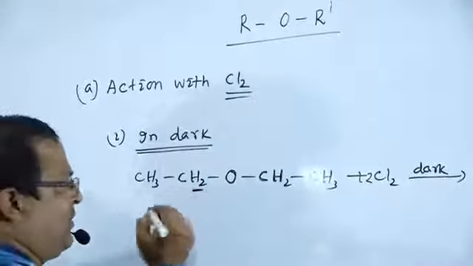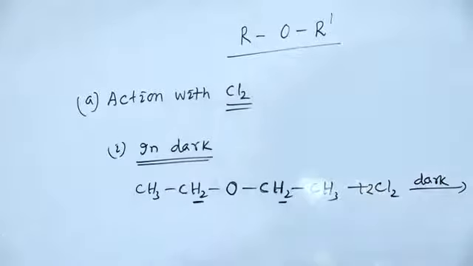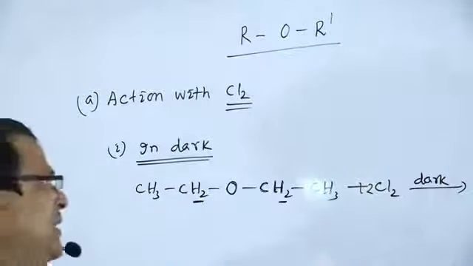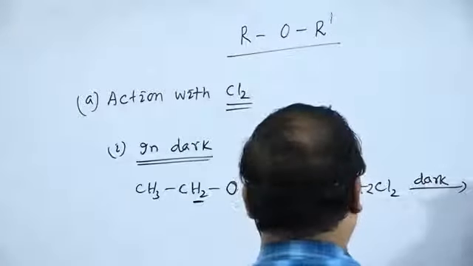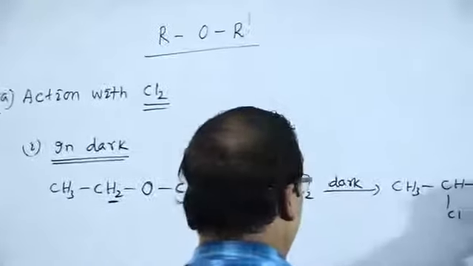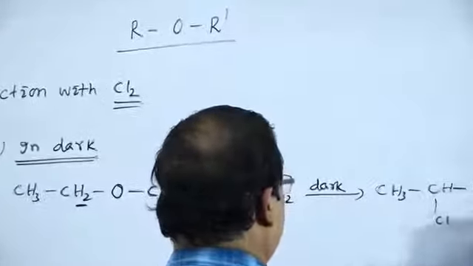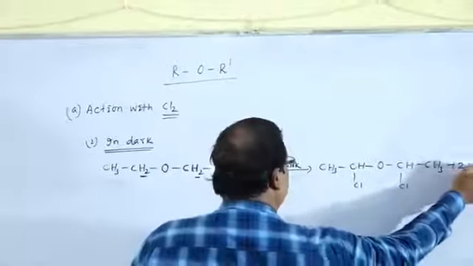One hydrogen atom from this carbon and one from this carbon will get replaced by chlorine. So there is the formation of CH3CHCl-O-CHClCH3 plus 2HCl.